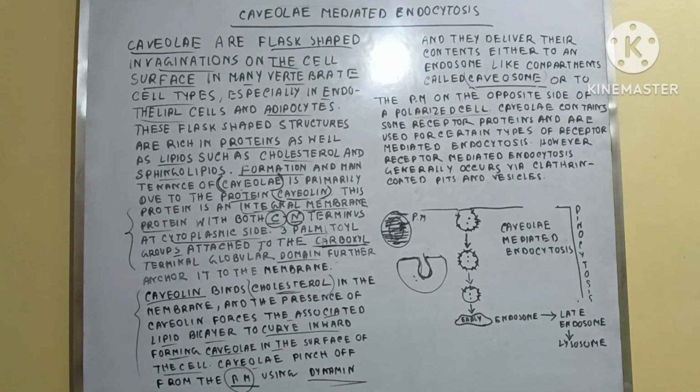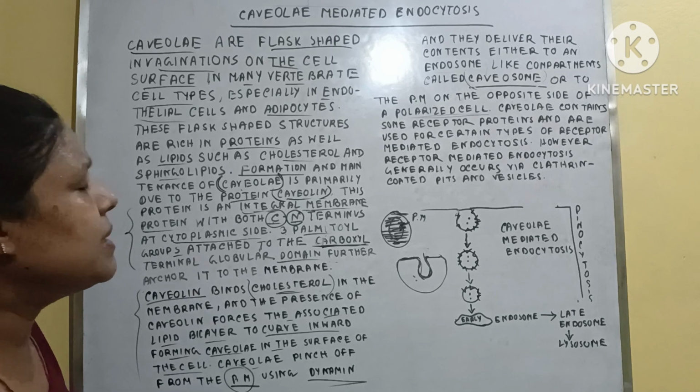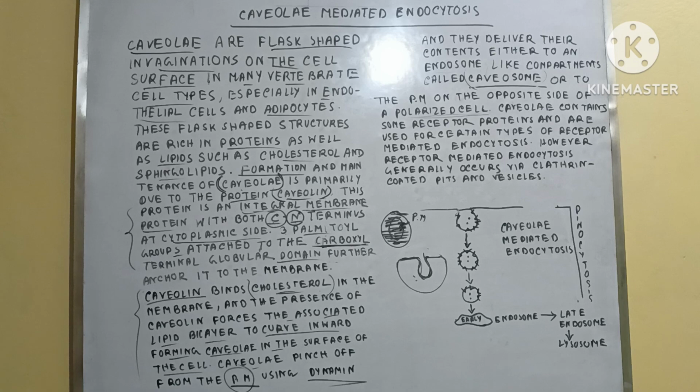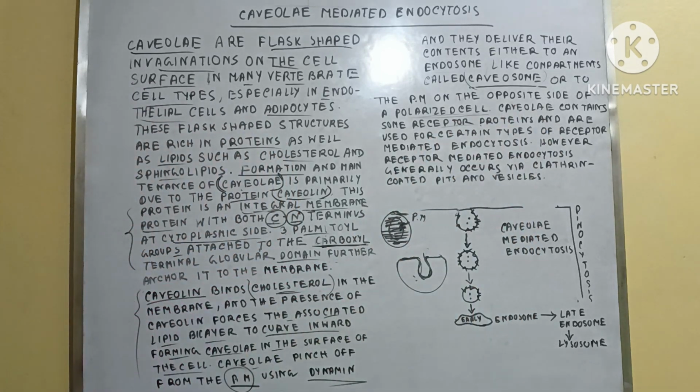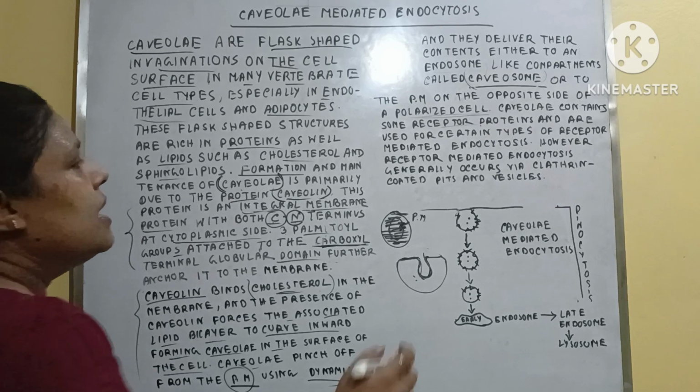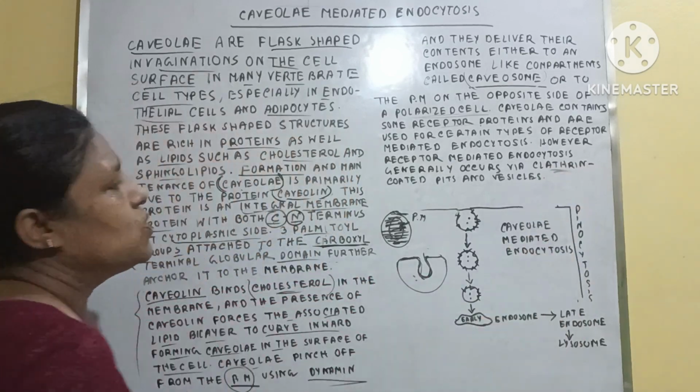Okay. Now, caveolae contain some receptor proteins and are used for certain types of receptor-mediated endocytosis. Sometimes caveolae have receptor proteins, and there endocytosis is possible with the help of the receptor proteins, and generally receptor-protein-containing endocytosis is explained under caveolae-mediated endocytosis.